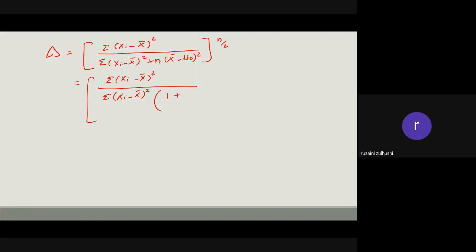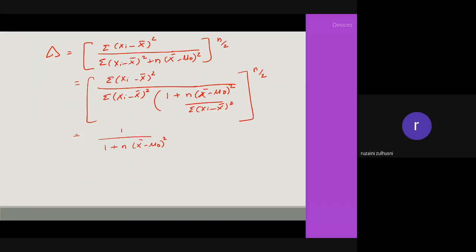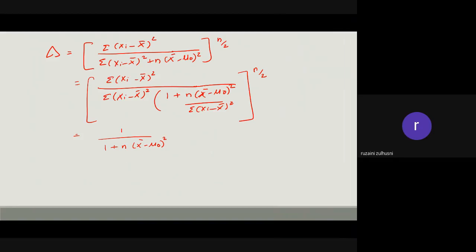So that means you cancel out, so it just leaves you with 1 plus n x bar minus mu naught square over summation xi minus x bar square.